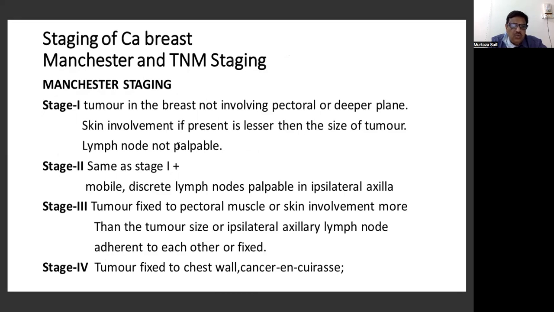Stage 2: same as stage 1, plus mobile discrete lymph nodes palpable in the ipsilateral axilla. Stage 3: tumor fixed to pectoral muscle, or skin involvement more than tumor size, or ipsilateral axillary lymph nodes adherent to each other or fixed. Stage 4: tumor fixed to chest wall or cancer en cuirasse.